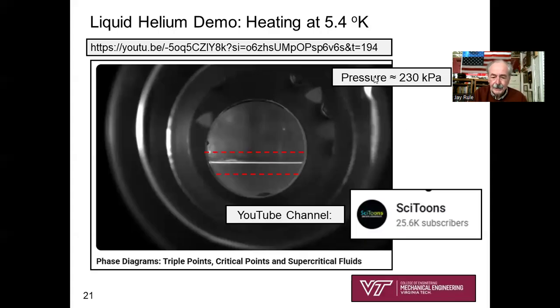And the pressure of this liquid helium in here is about 230 kPa, or in other words, about 2 atmospheres. But it's very cool that you're going to be able to see with your own eyes what I tried to explain for H2O in our imaginary experiment. I'm going to try to insert a dynamic link into this so you can see it with your own eyes.